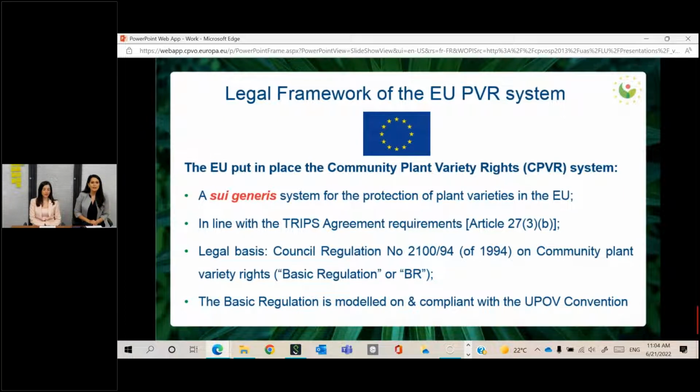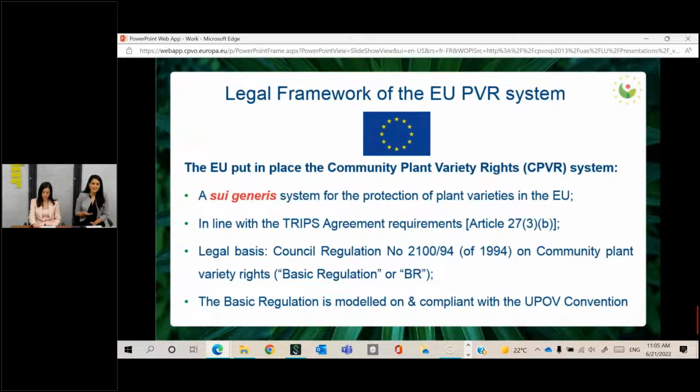So the way that we implemented the UPOV Convention, on the basis of the TRIPS agreement, is the so-called basic regulation. It's the Bible of community plant variety right in the European Union, and it's Regulation 2100 from 1994. I should specify that we call it community plant variety right, but when we say community, we do mean European Union.